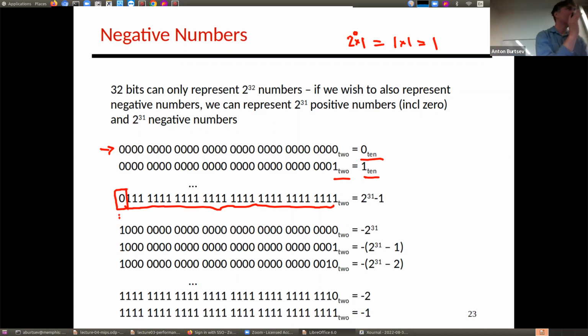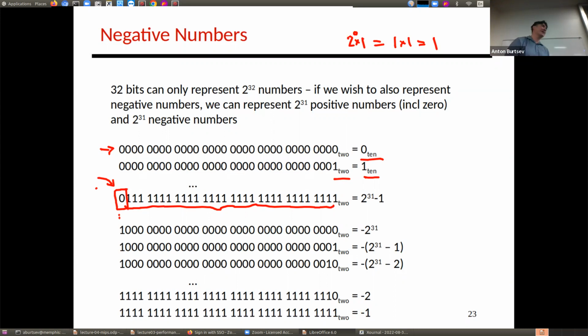Right. So first of all, if you say that this bit controls the sign, you run into a problem that additions have to be handled specially, because you need some additional logic on your CPU to decide whether you are adding positive to positive, negative to negative, or negative to positive, right? That's kind of ugly.